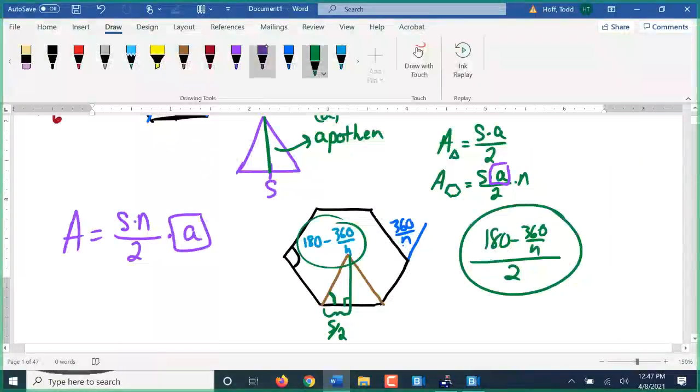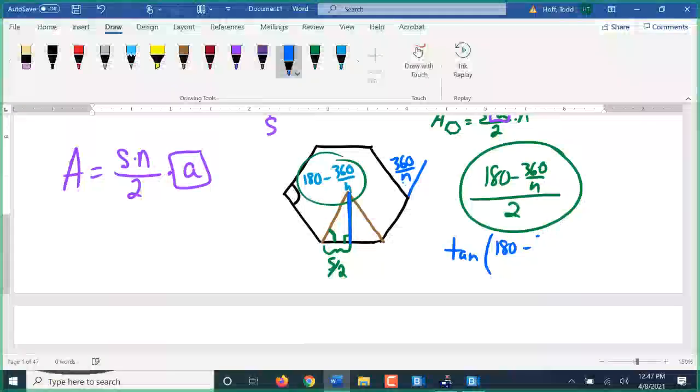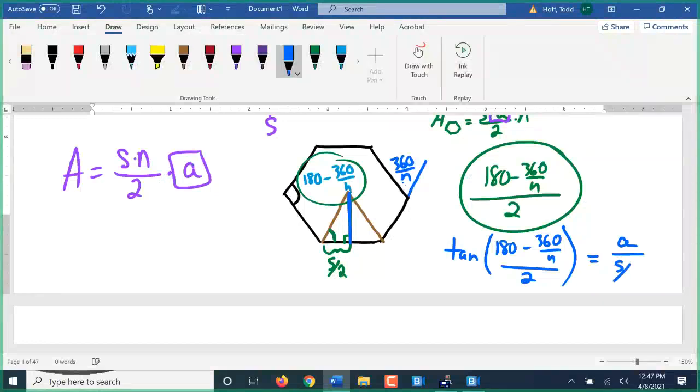And to find this length here, I'm going to be using a tangent. Tangent of that angle, 180 minus 360 over n, all divided by 2, is going to equal the length of the apothem over half the length of the side.